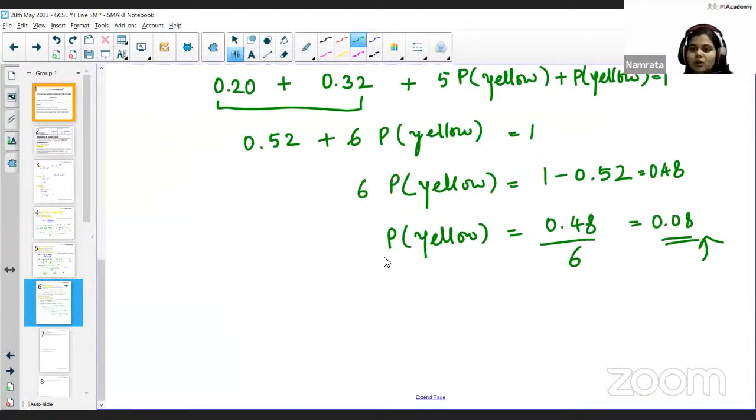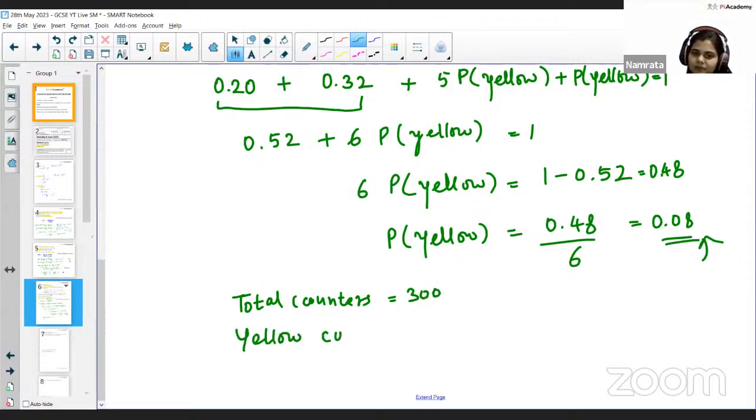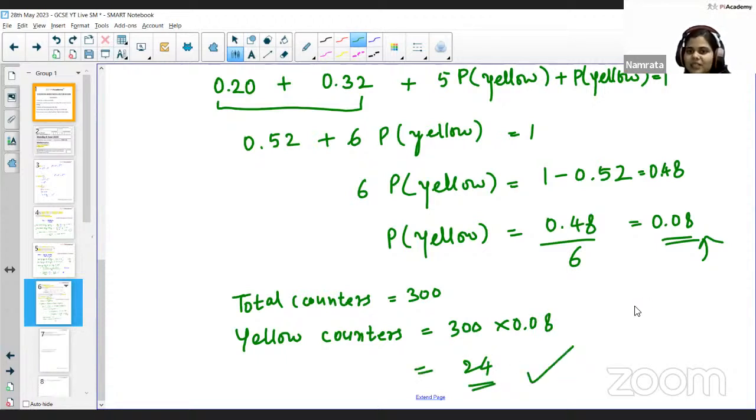So in order to work out the number of yellow counters, the total counters are how many? I believe they are 300. Right? So the number of yellow counters will be 300 times 0.08. So when you multiply this, you'll get your answer to be 24. Hope that helps.